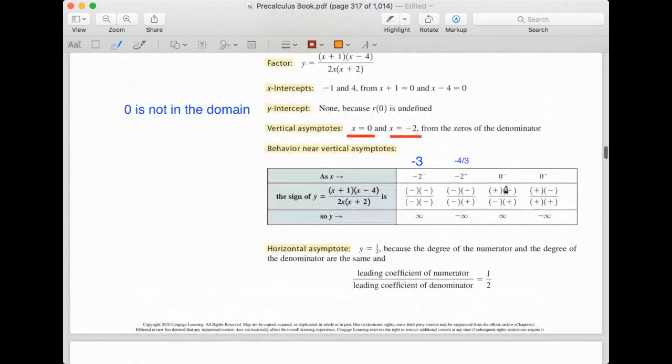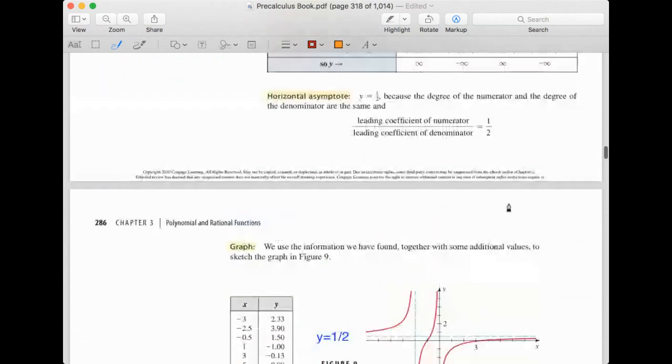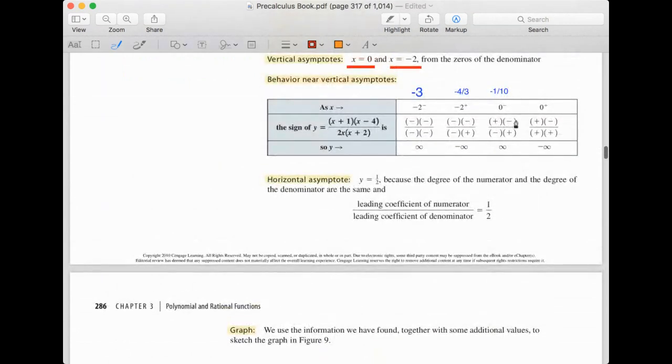Maybe we choose a value very close to 0, a little bit less than 0, maybe -1/10, something like that. Very close to it, because we want to find out what's going on around here. If we do that, we get a positive, negative, negative, positive. In the end, we get a positive.